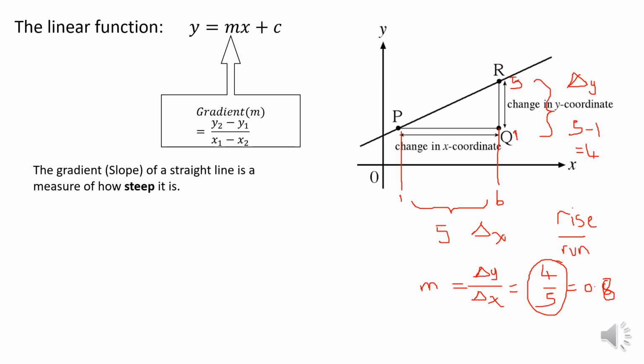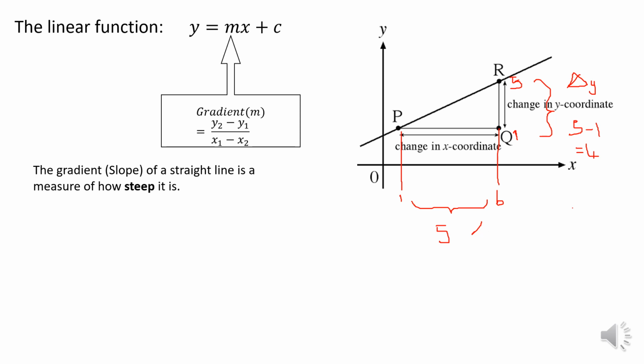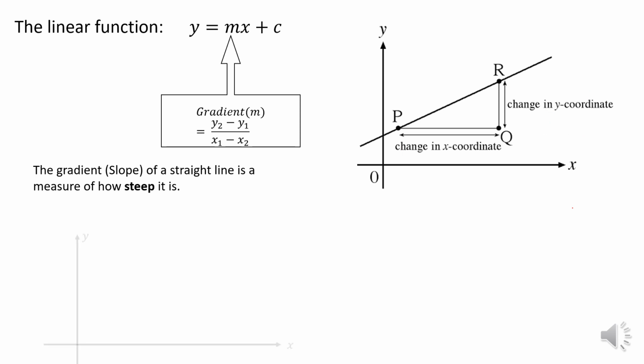When we are talking about the gradient, or the slope, we are talking about how steep a line is. And one of the things we realize is that the bigger the value of m, the steeper the line. Also at a later point, you will see that that value can be negative as well as positive, and it does something to that particular line.